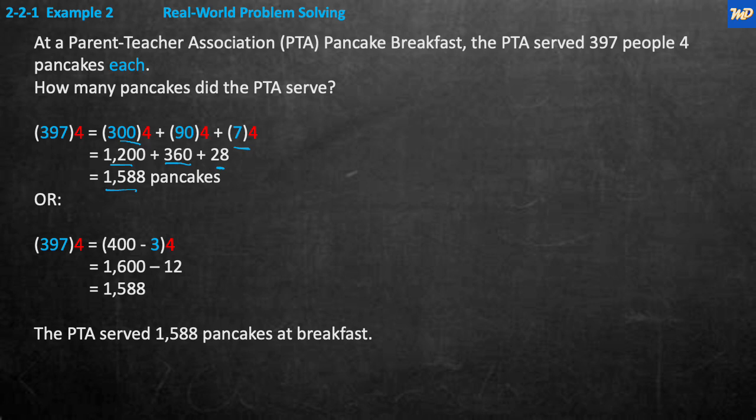So 400 times 4 and 3 times 4. So it's 1,600. That's 400 times 4. And then it's minus 3 times 4, which is 12. And 1,600 minus 12 is 1,588. It's the same as the answer up here. I personally like the second method, less mental mathematics and gymnastics, I guess, you have to go through.